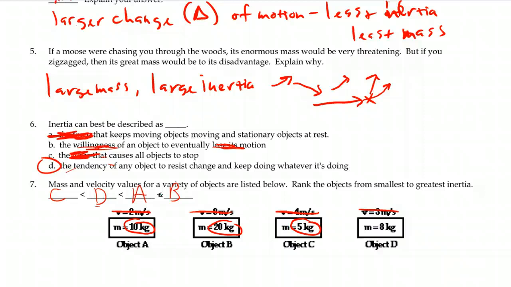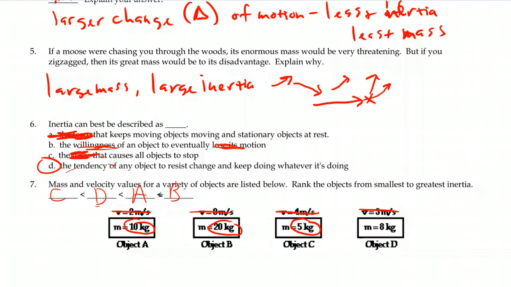Okay, so heavier things with more mass, which are therefore heavier on the Earth, tend to be more difficult to get started, and they also tend to be more difficult to stop. So something like a large train with many cars can take a mile or more to stop because it has so much inertia.